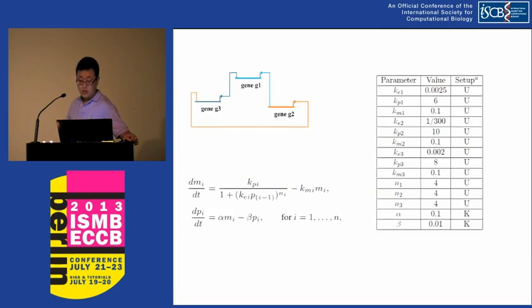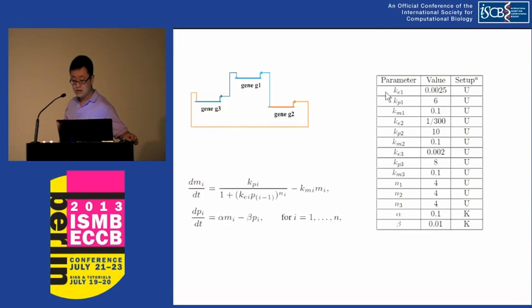And we first compare our method with all of the 3 state-of-the-art methods on this repressilator model, which I just showed. So gene 1 represses gene 2, gene 2 represses gene 3, and gene 3 represses gene 1. And the ODEs are like this for all the 3 mRNAs and proteins.